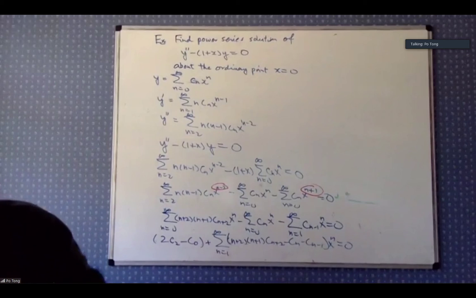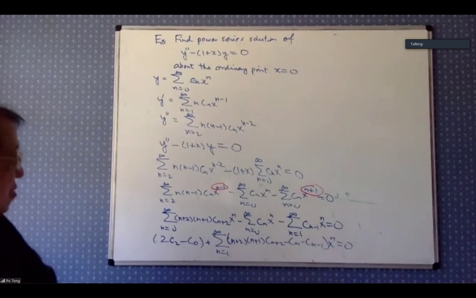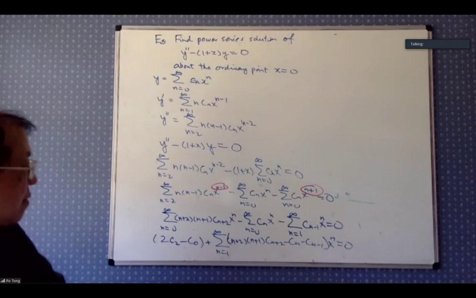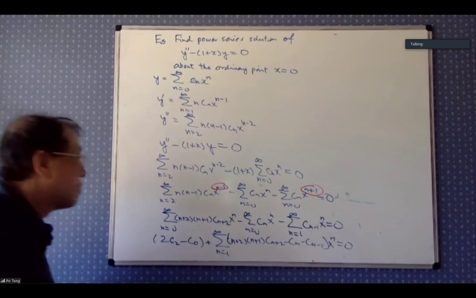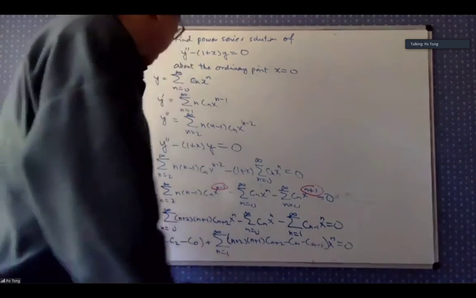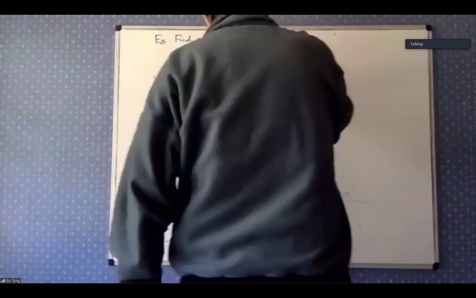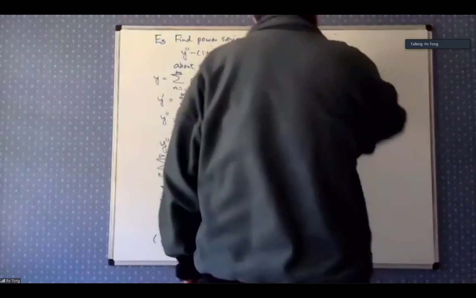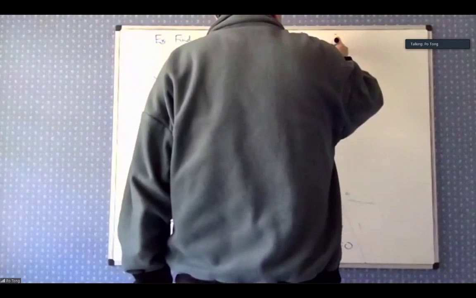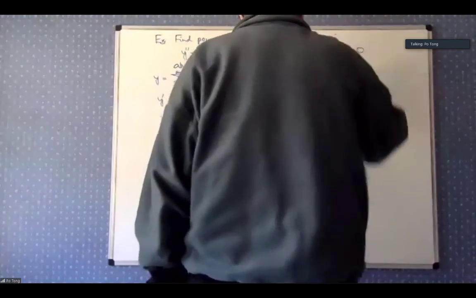Okay, hopefully you follow that. So what do we have here? We will have 2C2 minus C0 equal to 0.